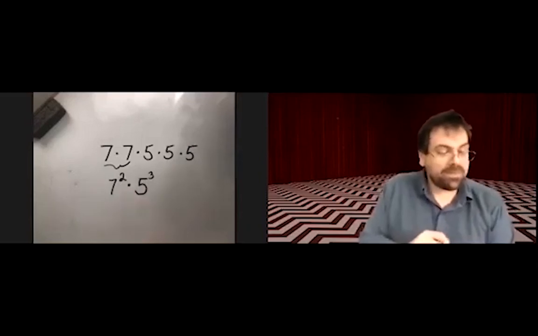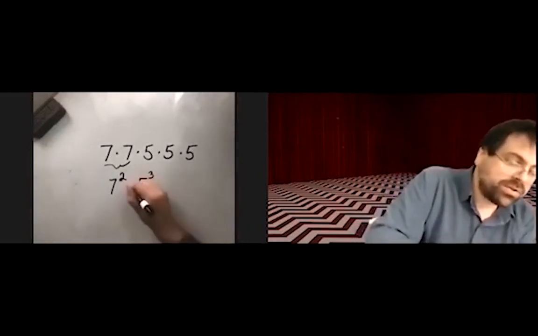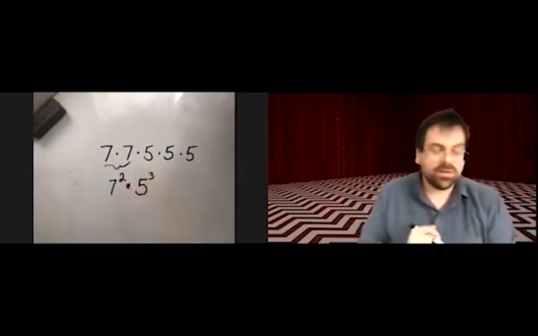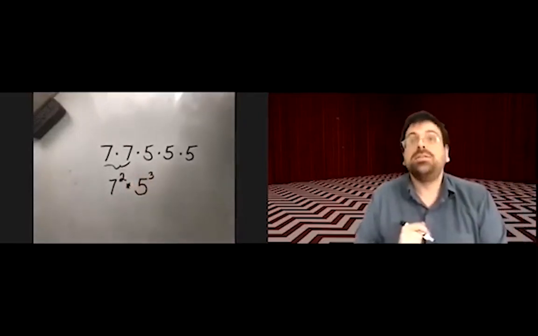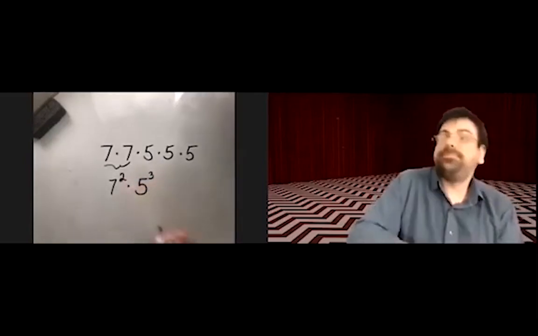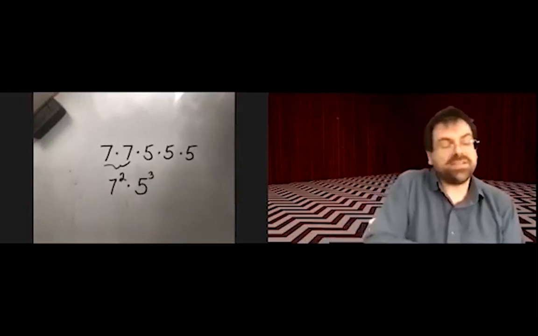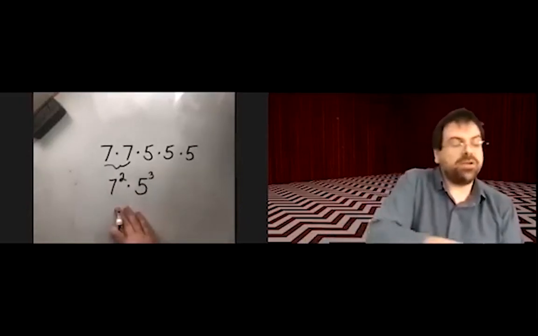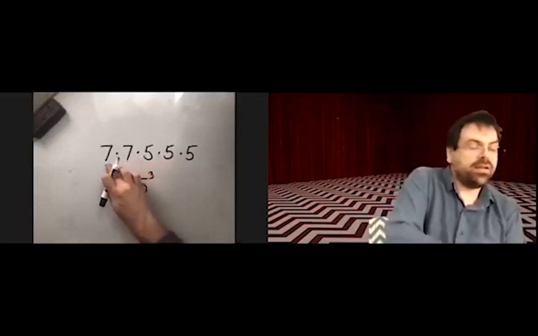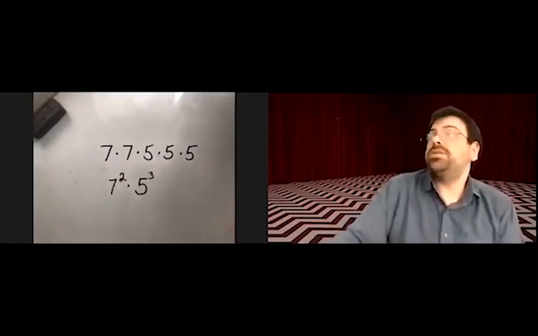So please use the dot for multiplication, or you can also use a star. But you'll see me using dot. So 7 squared times 5 cubed would be a way of writing this using exponential notation.